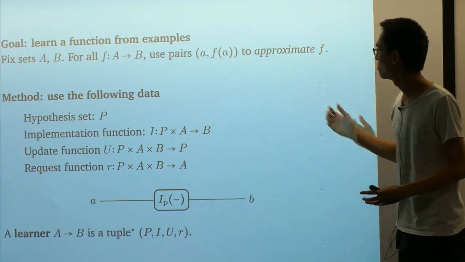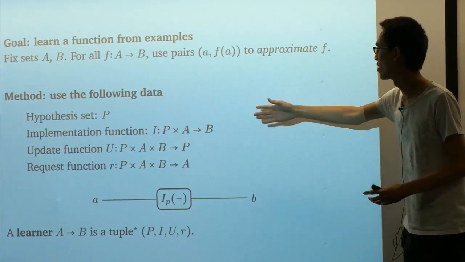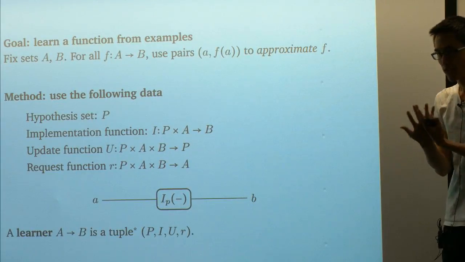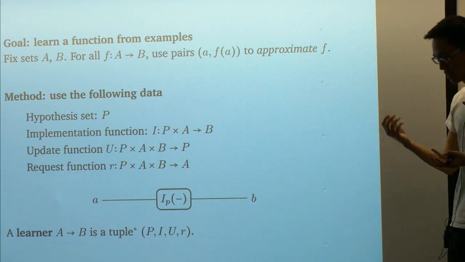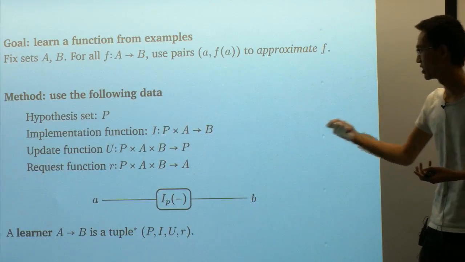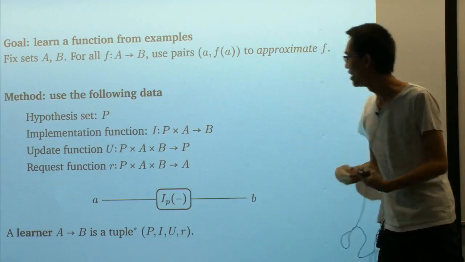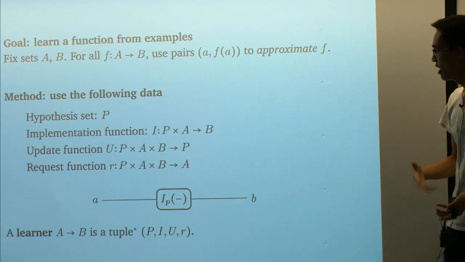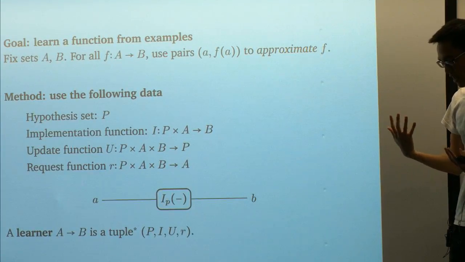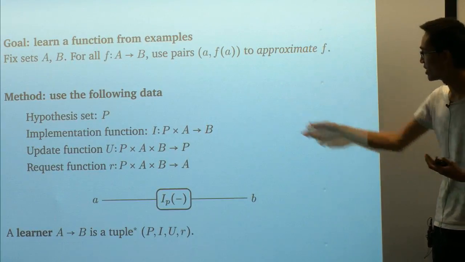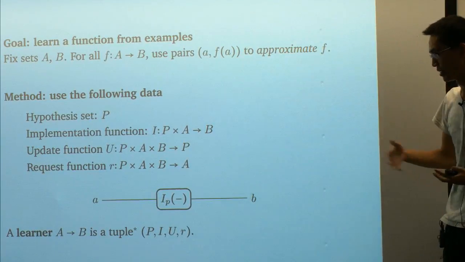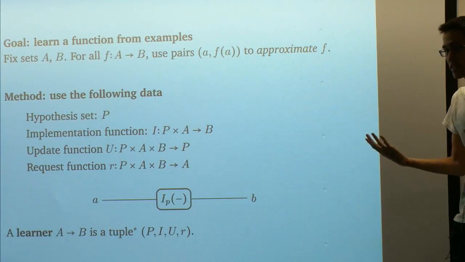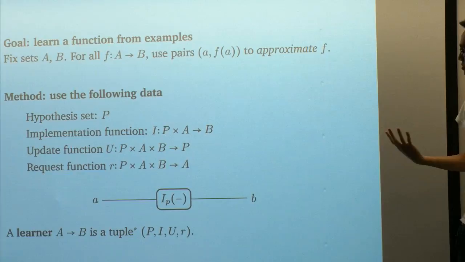So if I'm running around in the state space and you give me this pair A, B, what can I do? Well, I'm going to take my current hypothesis, this value I at P, and I'm going to evaluate A, and I'm going to get some value in B, right? And then I'm going to compare this to this value f of A in B that you gave me. And chances are I'm going to be wrong at least slightly, right?